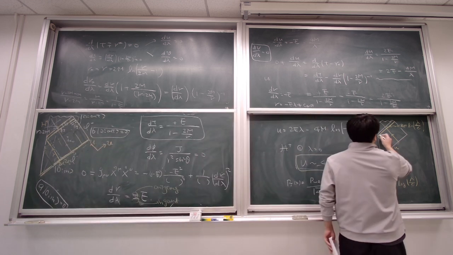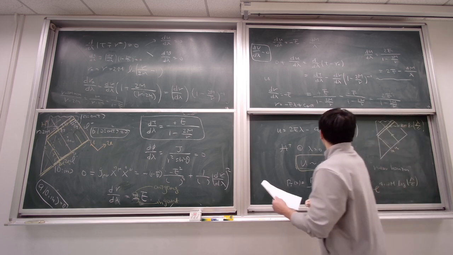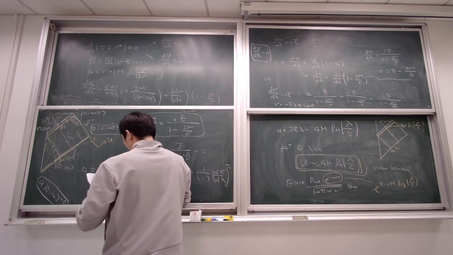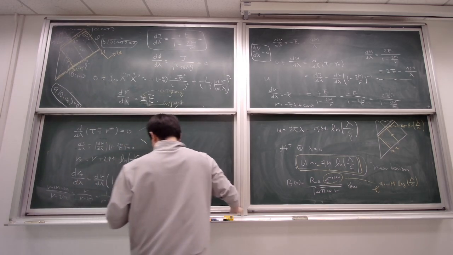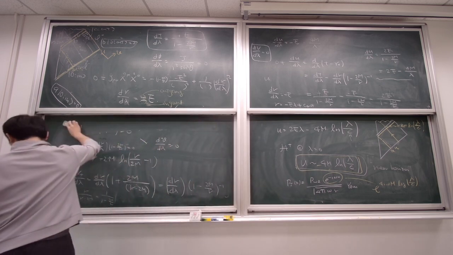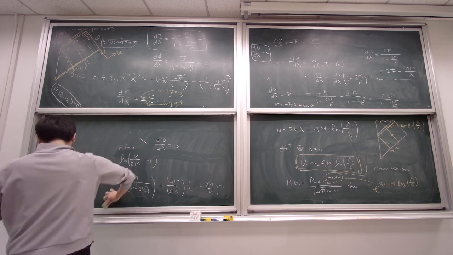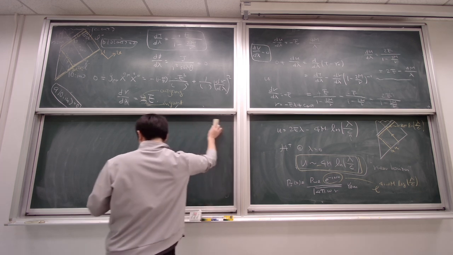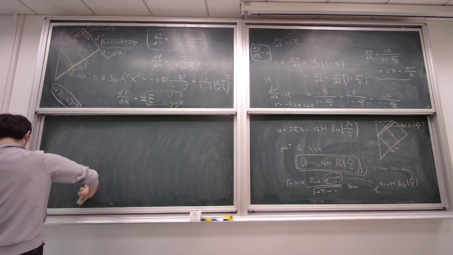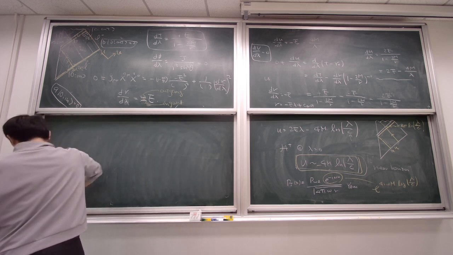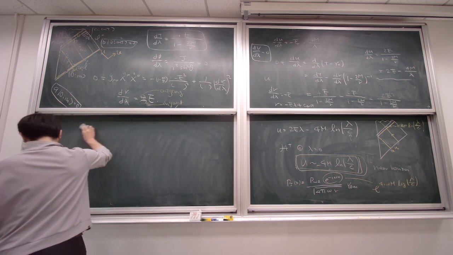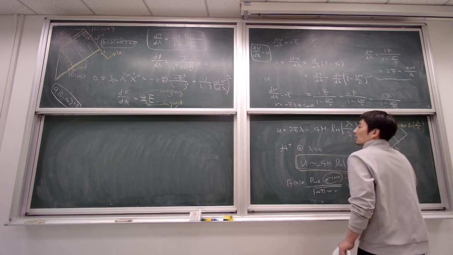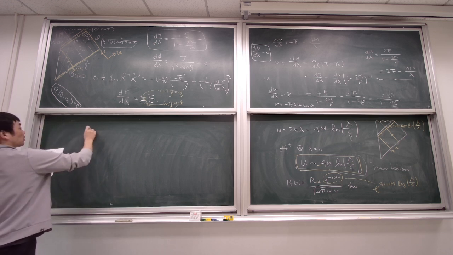So around this region, lambda is proportional, linear, to b0.